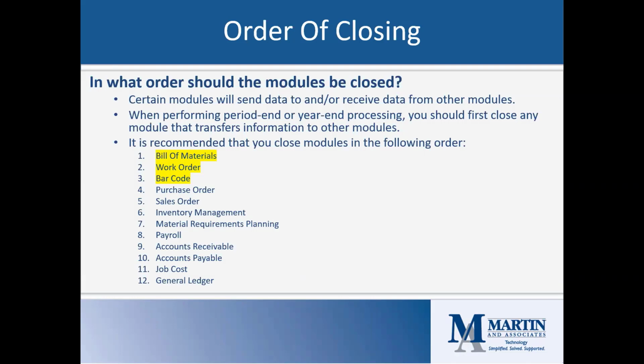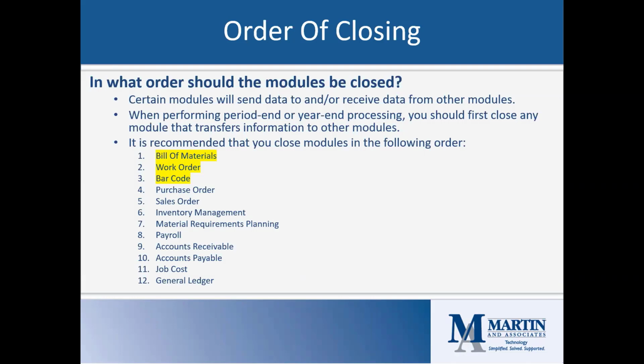The reason these modules are listed in the order that they are is that modules above feed data down to modules below. That's why you notice number 4 and 5, sales order and purchase order, are listed above inventory management, because sales order and purchase order affect inventory. So you close those modules before you close inventory.